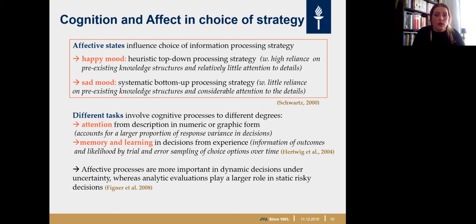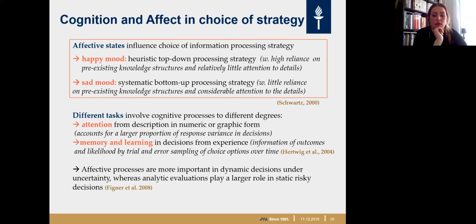Then, cognition and affective in choice of strategy. Affective states influence the choice of what kind of information processing strategy people execute. For example, if we consider this through the valence component, happy mood often leads to heuristic top-down processing strategy, where we rely more on information gained through experience and don't pay so much attention to details.